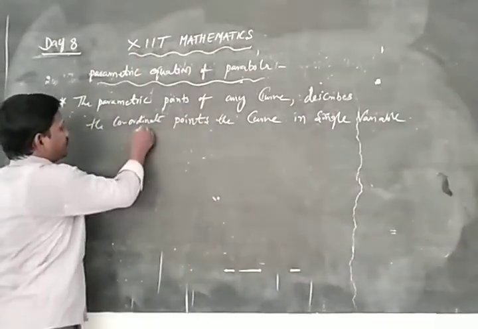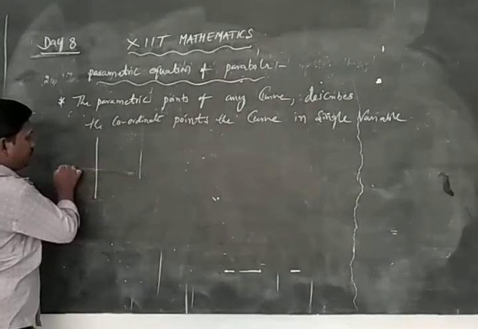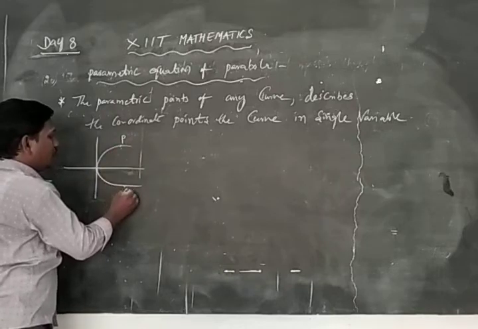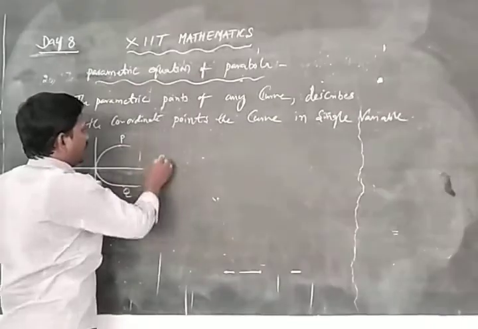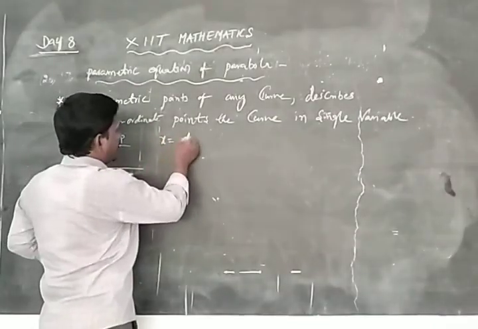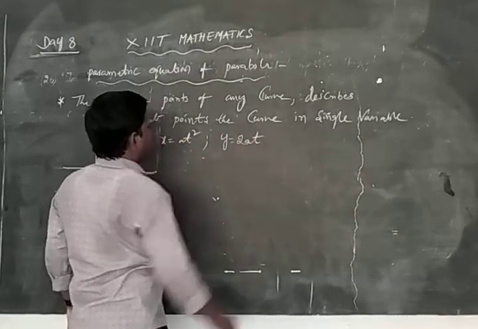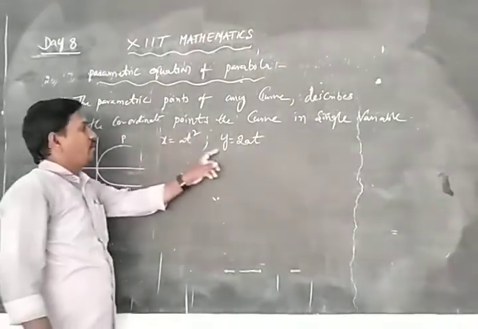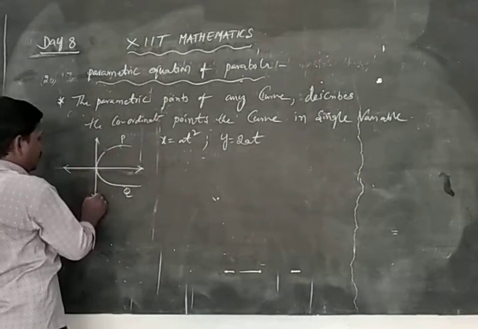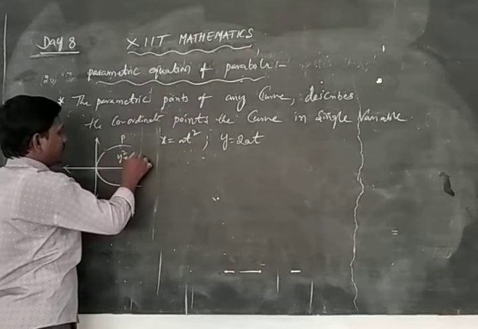For example, this is the diagram. These are the points P and Q, and x equal to at square, y equal to 2at. This is the, what is the parabola? This is y square equal to 4ax.